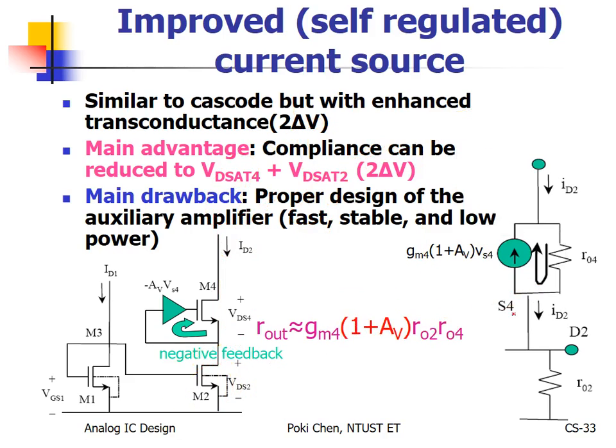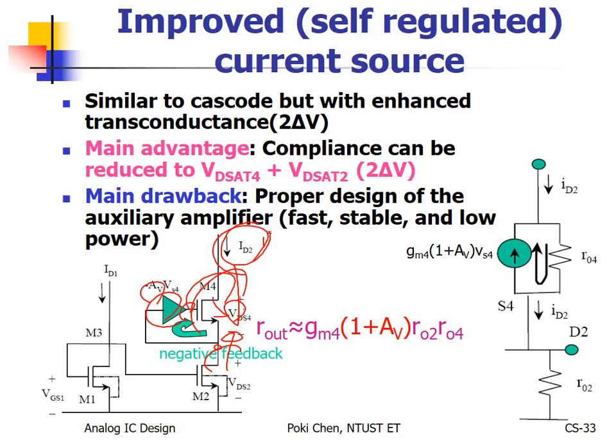But the larger VDS here goes through negative amplification. Negative amplification, it means what? The gate voltage of M4 will be lowered. Wow, what does it mean? Its source voltage is increased, but its gate voltage is lowered, right? So much smaller VGS. What does it mean? The current will be reduced to compensate for the increase of the original tendency.